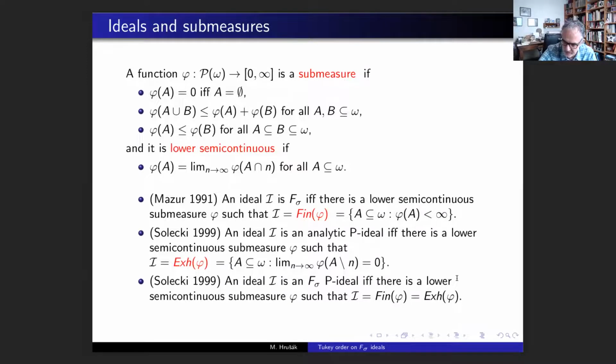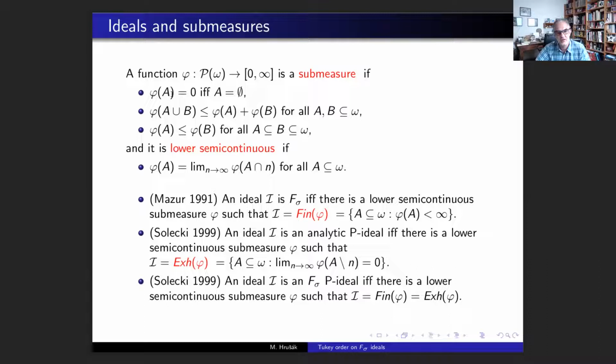Now there is a close relationship between F sigma ideals and P ideals and lower semi-continuous submeasures on the power set of omega. So let's just again go quickly through the definition that everybody knows. We take a submeasure on the power set of omega which takes values from 0 to infinity, including infinity possibly.